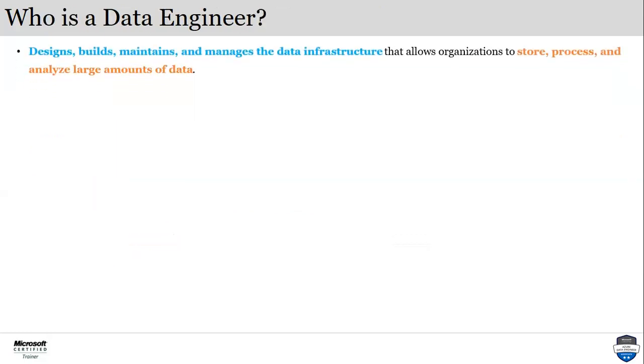Now, who is a data engineer? I spoke about why data engineering is essential from a company perspective. Companies need the data. Without data, they cannot take decisions, and data engineering helps to supply the data.